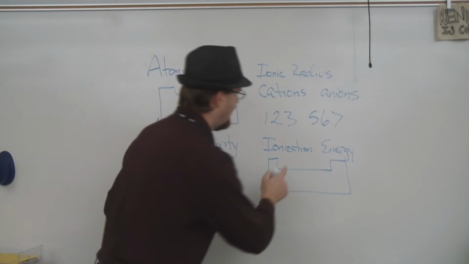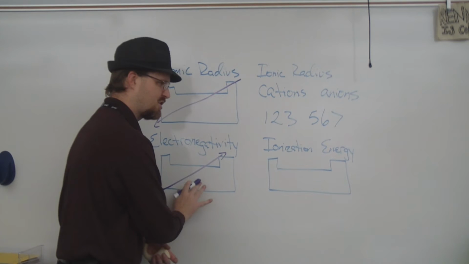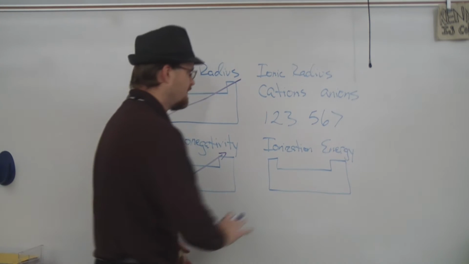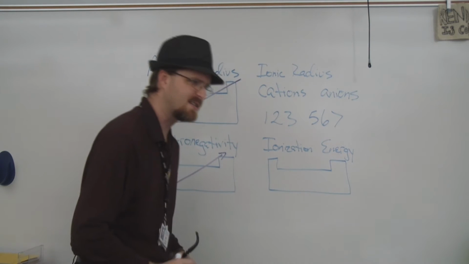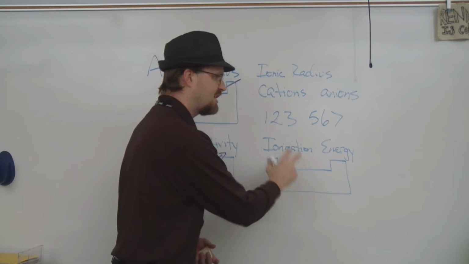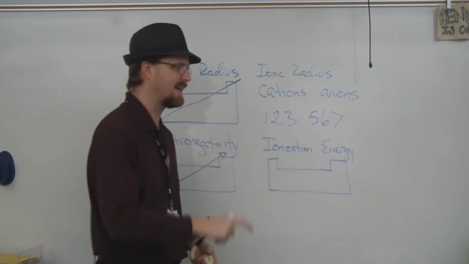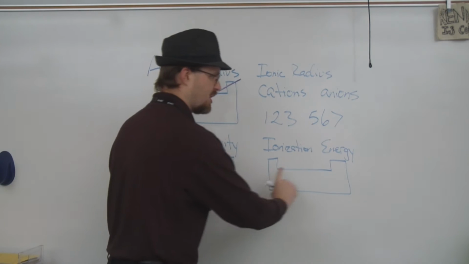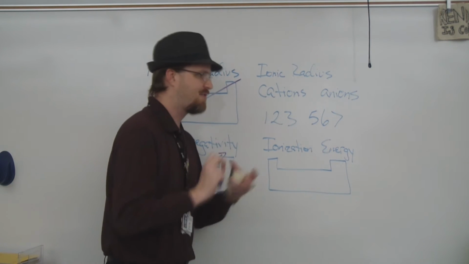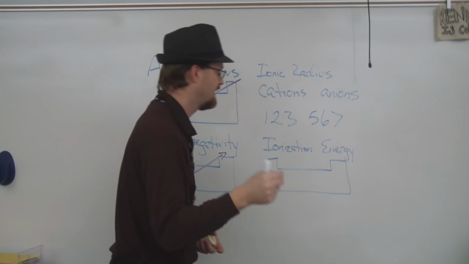Now we see ionization energy. Alright, so the same rationale as before, as the proton pull increases to the right, ionization energy, which is the energy required to take an electron away from the atom. Yes, so if the proton pull is increasing, therefore it must be harder and harder to take away the electron.